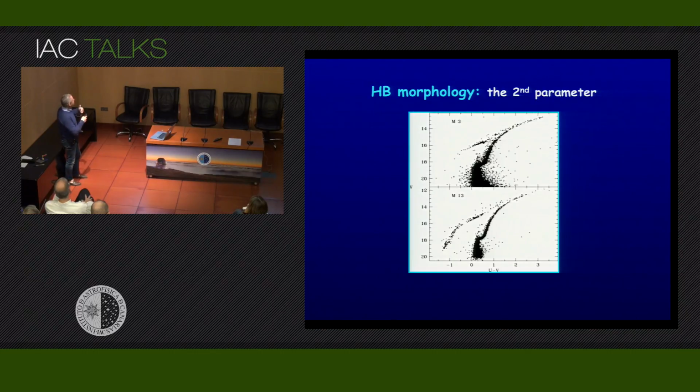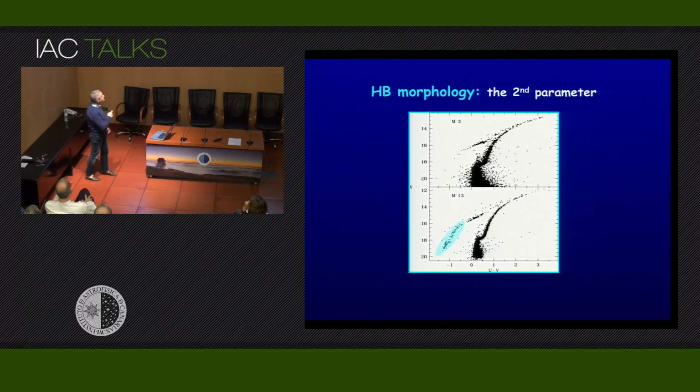You can find several pairs of globular clusters in our galaxy that have exactly the same metallicity, but completely different morphology concerning the horizontal branch. These are, for instance, the famous pair M3, M13. They have exactly the same metallicity, and you can see that in this case, you have a red horizontal branch. Here you have an extremely blue horizontal branch.